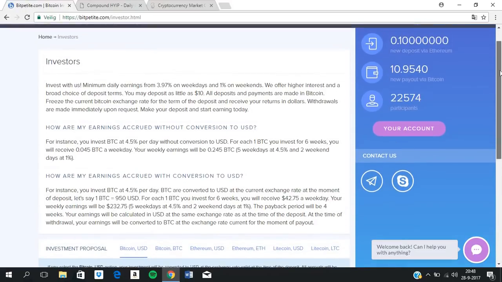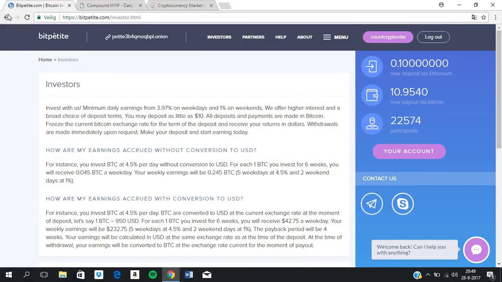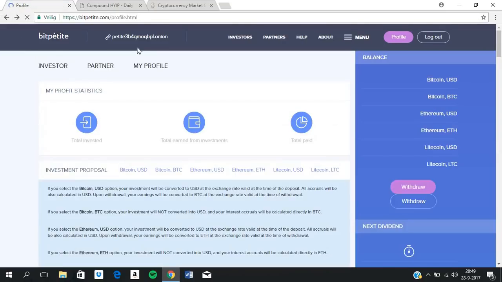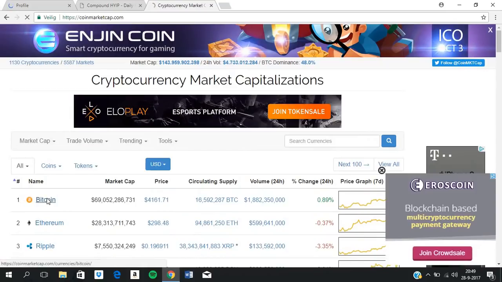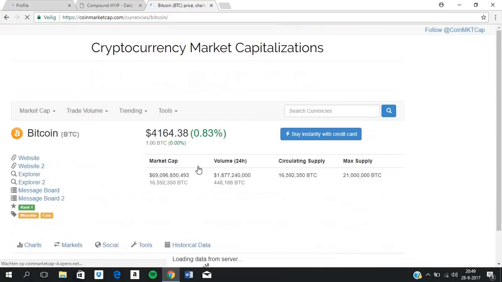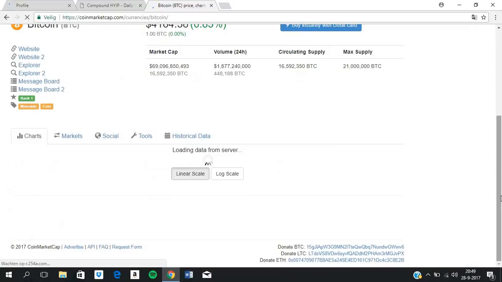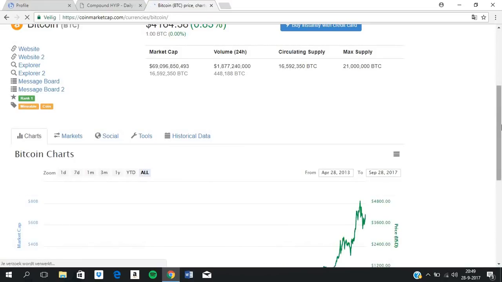So what is the biggest mistake I've made? I've invested in dollars, and as you can see, this is by the way CoinMarketCap, where you can find all the rates. It's a little bit slow today.